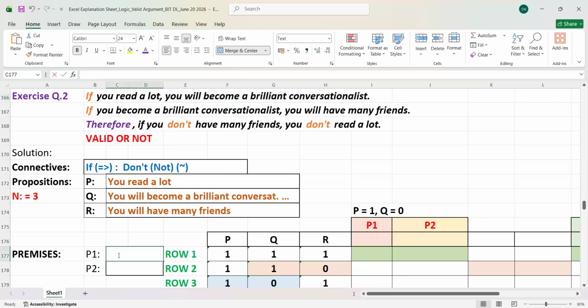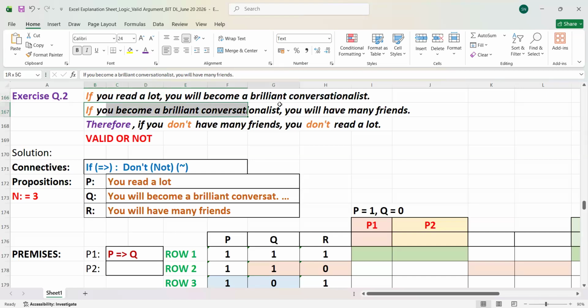So our premise 1 in symbolic form will be P implying Q, because he said if you read a lot, that is P, you will become a brilliant conversationalist, implying Q.